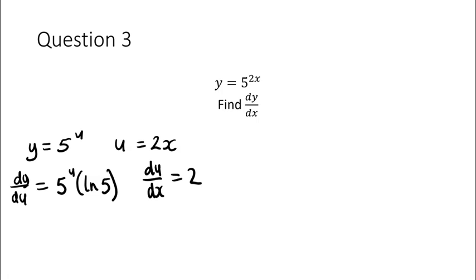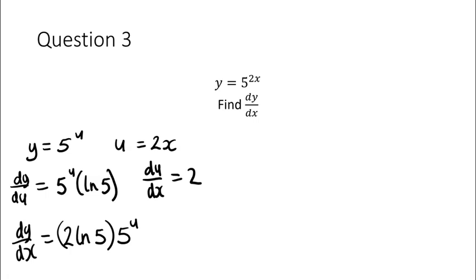Because it's chain rule, I can find dy by dx by doing dy by du times du by dx. So just timesing the two things I've just found together there, and I get this result of 2 natural log of 5 times 5 to the power of u.